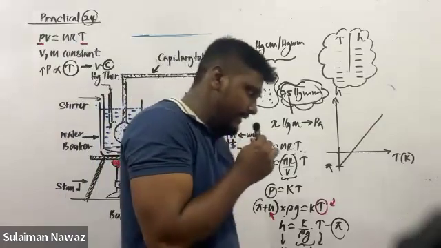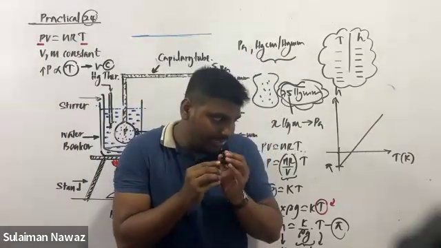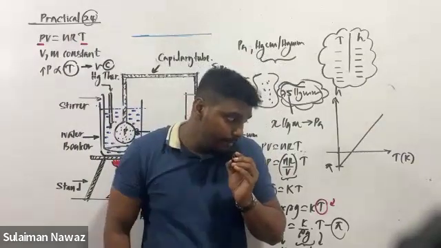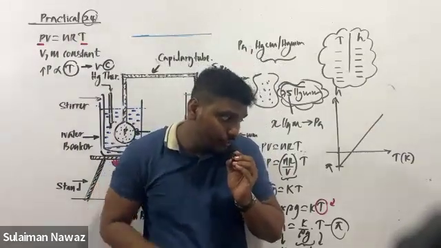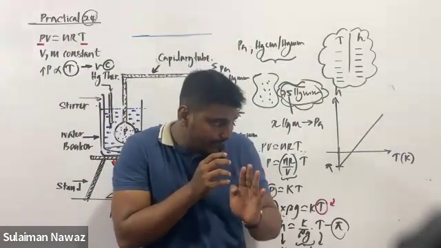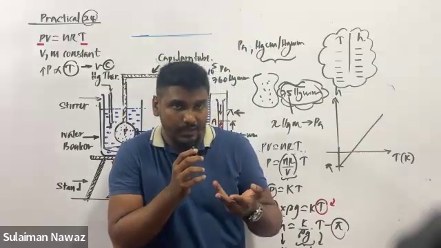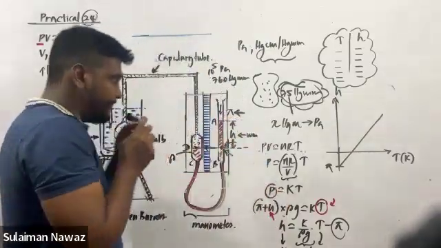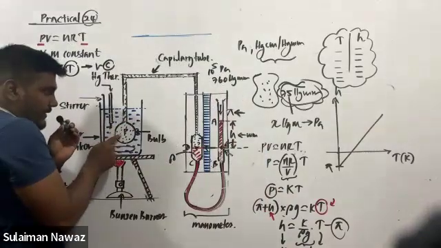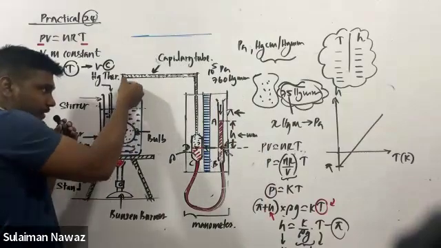Second point: a capillary tube should be used as the connecting tube to minimize the amount of gas that does not attain the temperature of the gas inside the bulb. You know that the bulb is inside the water, but the capillary tube is not.